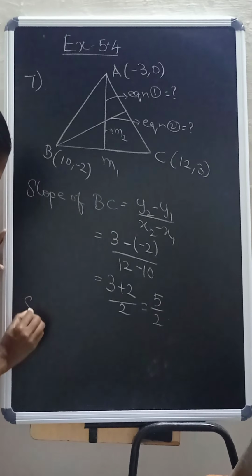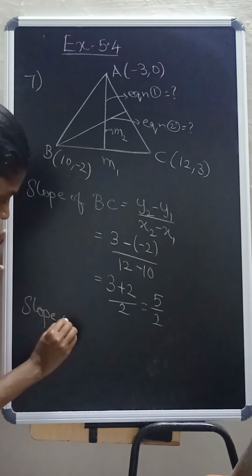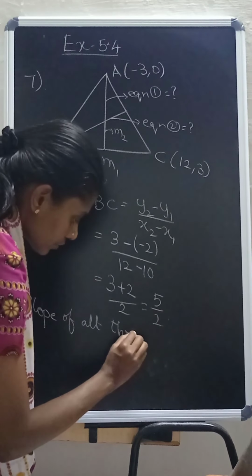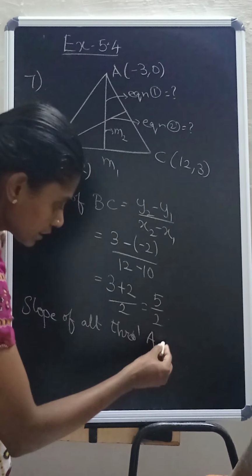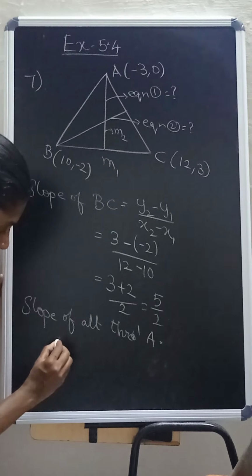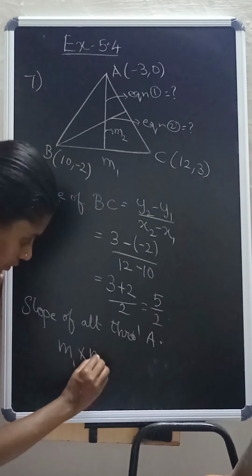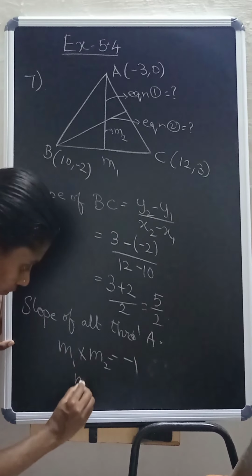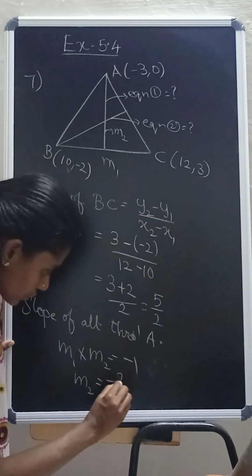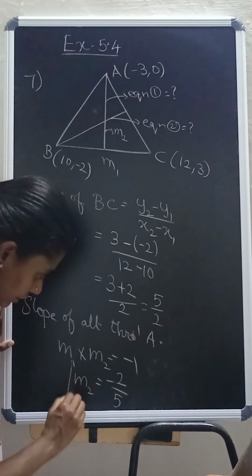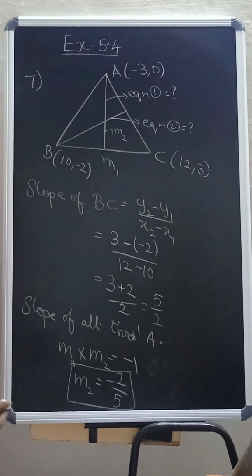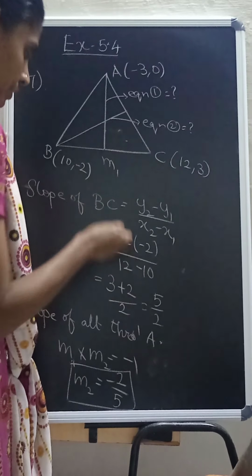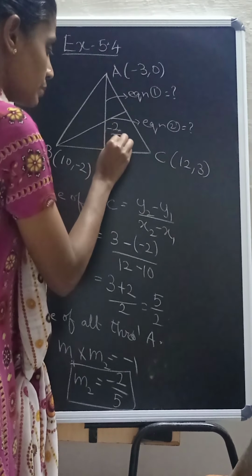Now slope of altitude through A. That is nothing but the perpendicular slope. So condition is m1 into m2 is equal to -1. So m2 is equal to -2/5. So this equation is having slope -2/5.